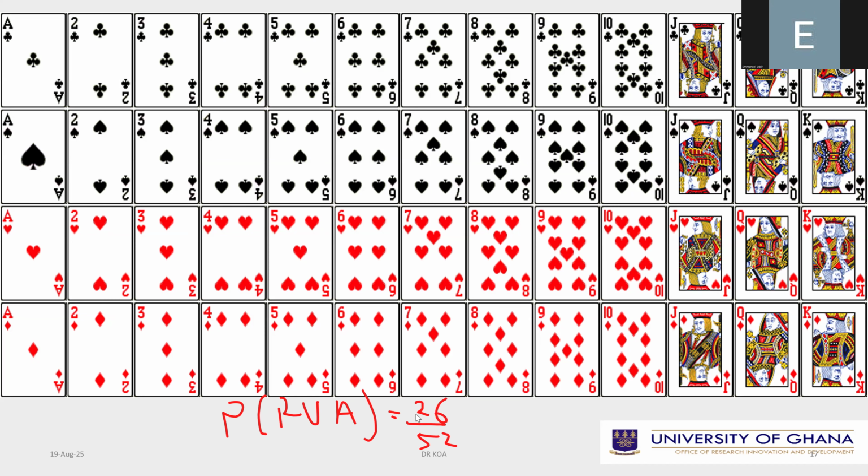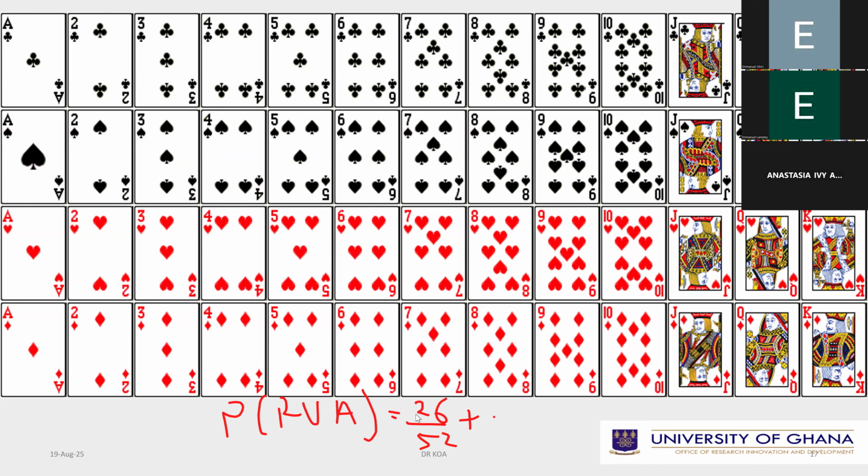Then the additive rule, because we are talking about union, is to add them. How many aces are there? Oh, yeah, you can see them. How many aces? We have 4. Good. So you have 4, divided by the universal set.